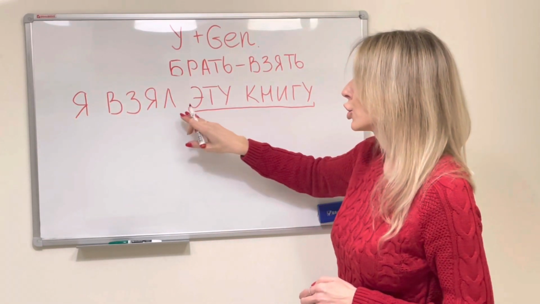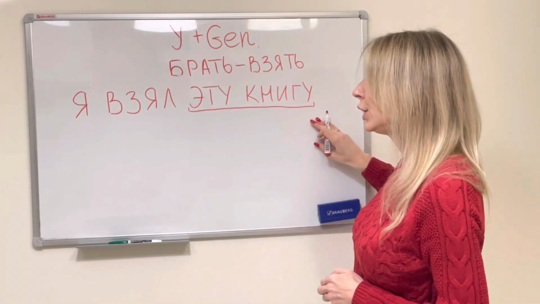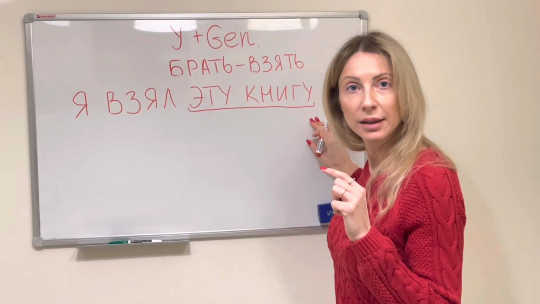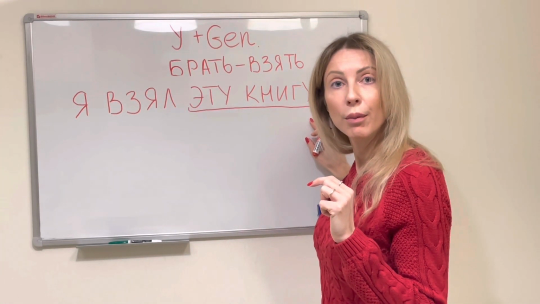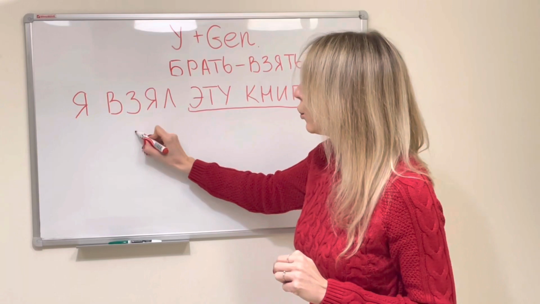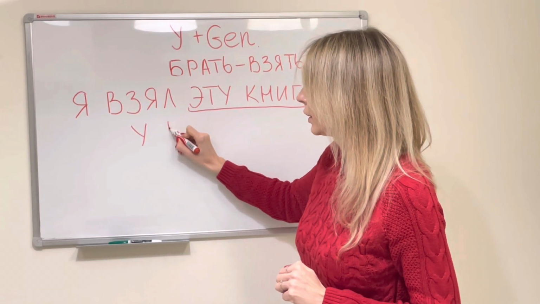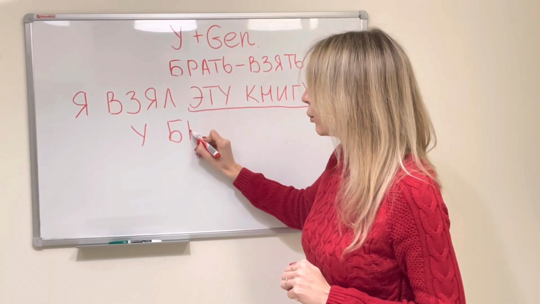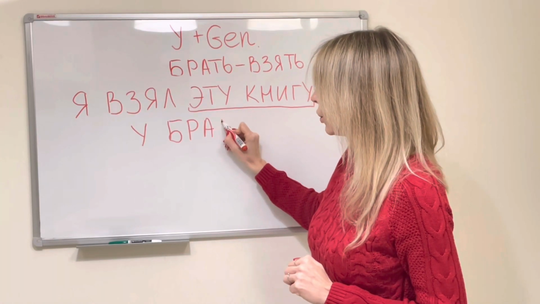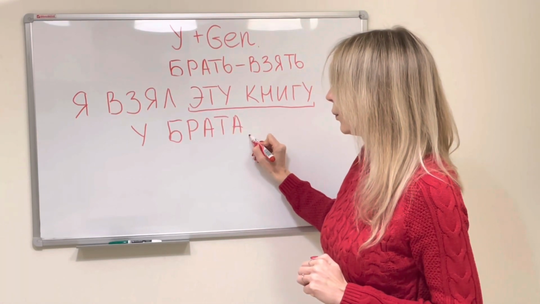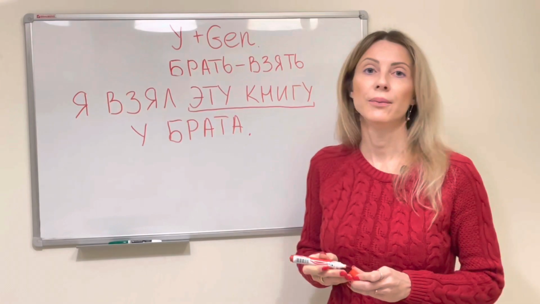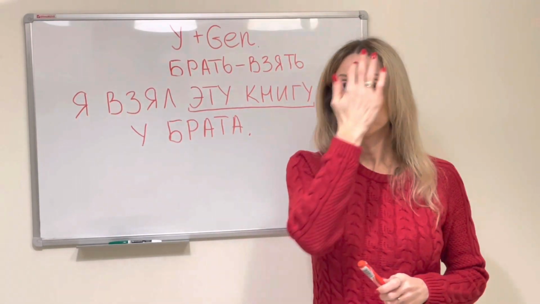Я взял что? Эту книгу, and then from my brother. У, and then genitive. Брата. У брата. Okay. From my brother.